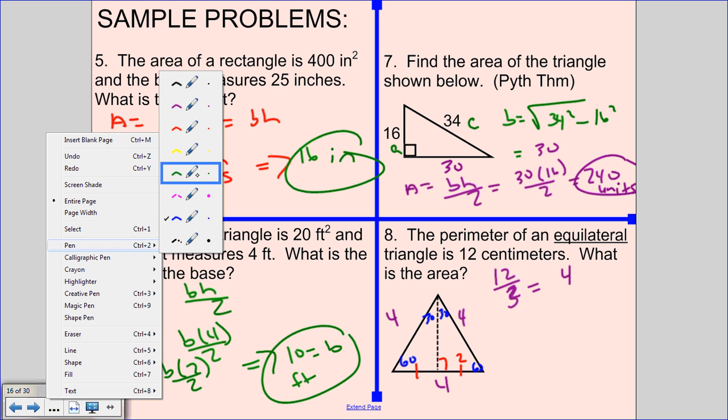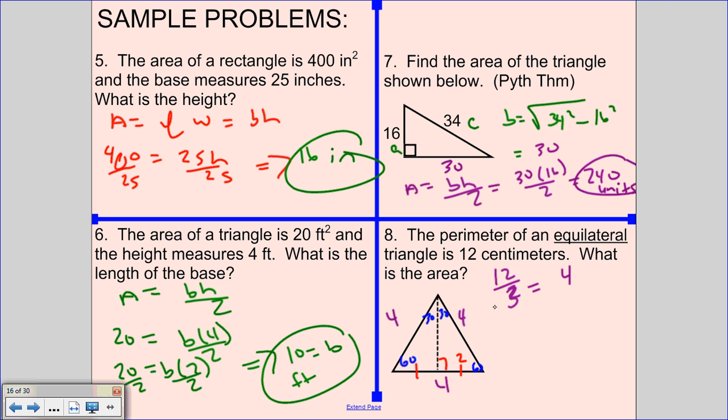And since the height is across from 60, if you recall, on the 30, 60, 90, it's x, x root 3, and 2x. Well, so far, across from 30 is 2, across from 90 is 4. So the last thing we're missing is across from 60, which is our height, and so that'll be 2 root 3. So 2 root 3 is our height.